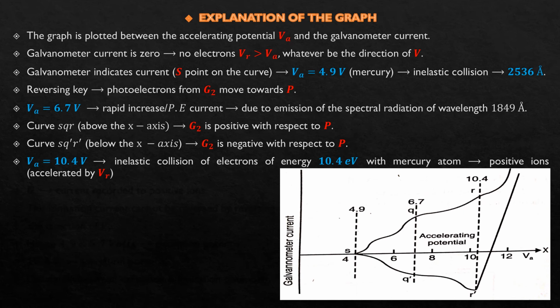It can be explained if we take 10.4 V as the ionization potential of mercury, that is, inelastic collision of electrons of energy 10.4 electron volt with the mercury atoms in the collision region produces many positive ions. These positive ions will be accelerated by a large potential difference equal to VR and will reach the plate, whatever be the direction of the comparatively small potential difference V.